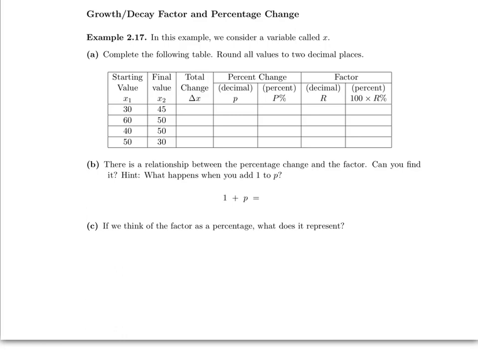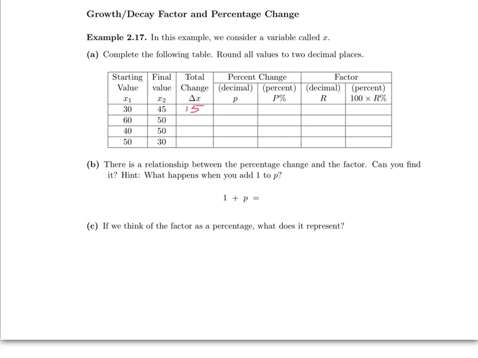Okay, let's look at the first row of this table. The total change in the variable x in this case would be 15 because the final value of x was 45 and the starting value was 30. That gives us a total change of 15.